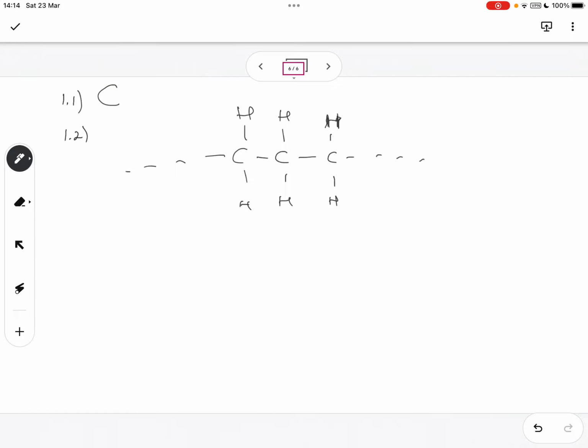That's addition. Hydrolysis would be adding water, and then what would be the net effect? I don't know. It's a kind of chemical reaction that happens in inorganic chemistry.